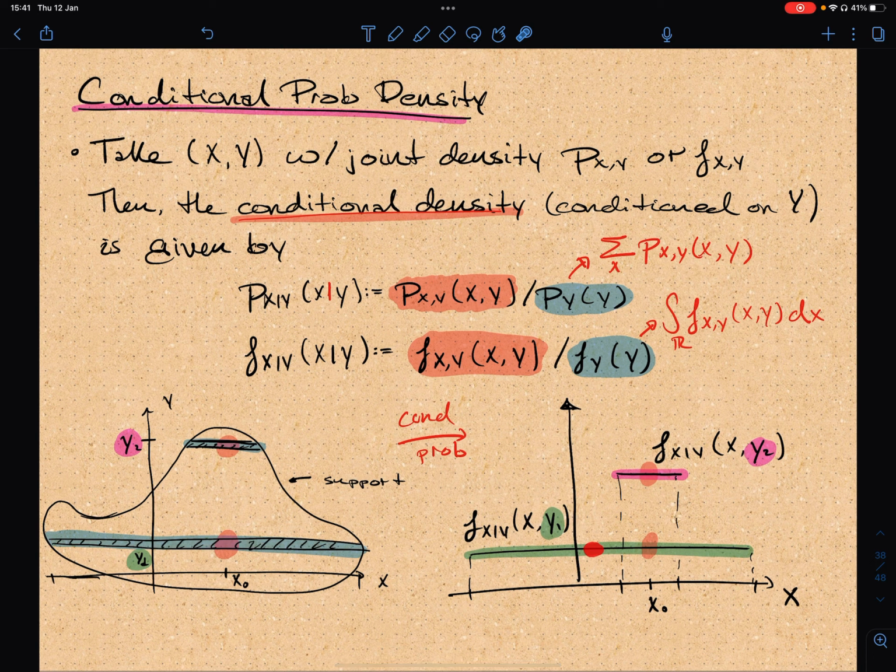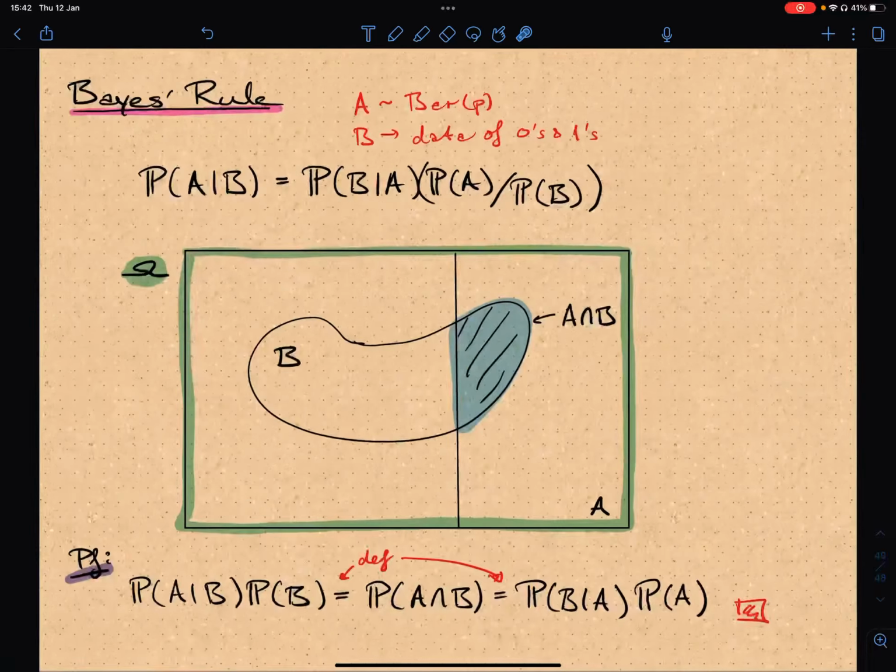But if we condition on a different event, y2, the best approximation is going to be somewhere in here. It's going to change. Given the information we have, our conditional expected value is going to react to that, and it's going to approximate a random variable differently. The best approximation has to adapt to the information that we're given.